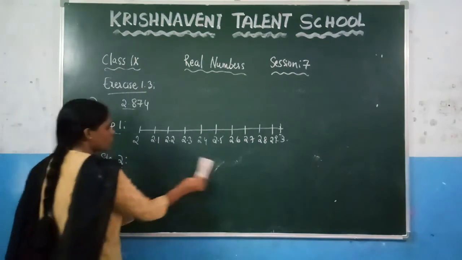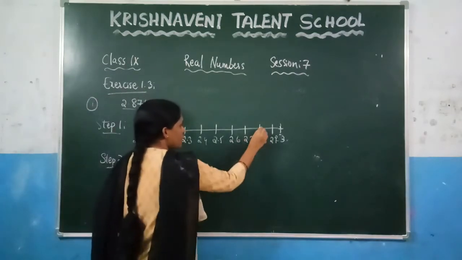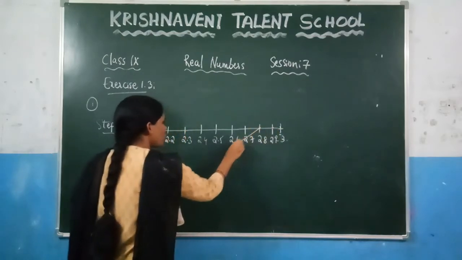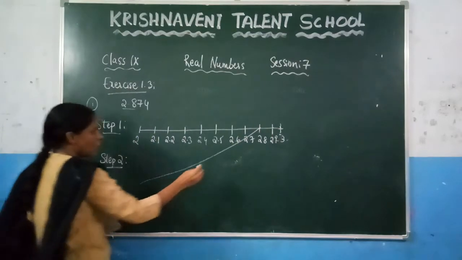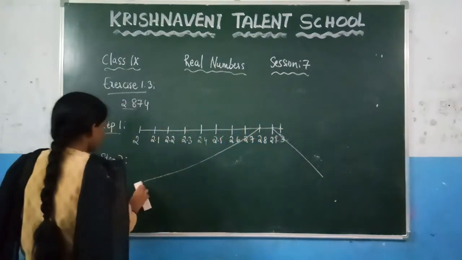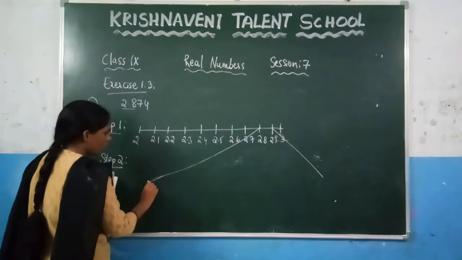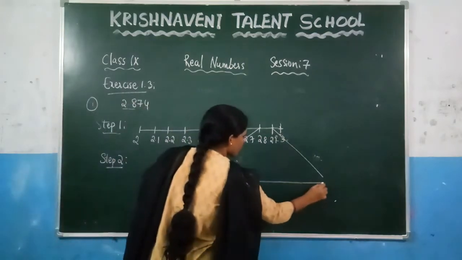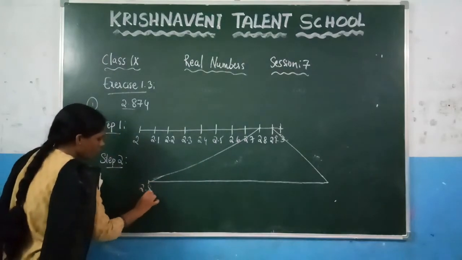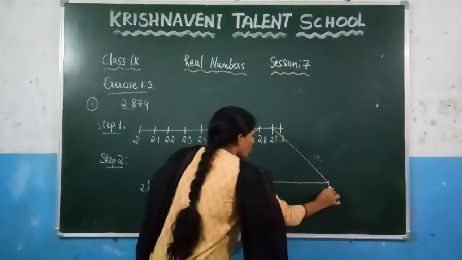So let us mark 2.8 and 2.9. This is 2.8 and this is 2.9. Now you need to draw the line here, and again here also. And after that you have to draw the number line. Which is 2.8 and here 2.9.